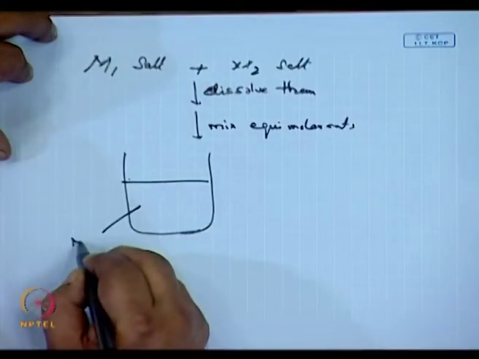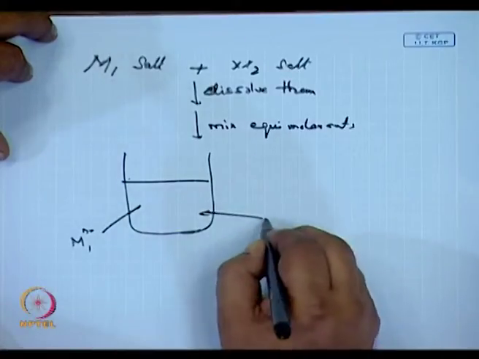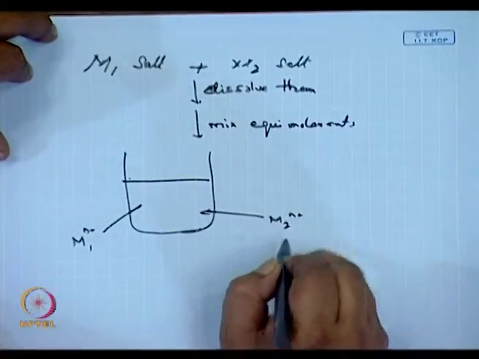Let us say I have got M1 N plus, I have got M2 N plus in solution.